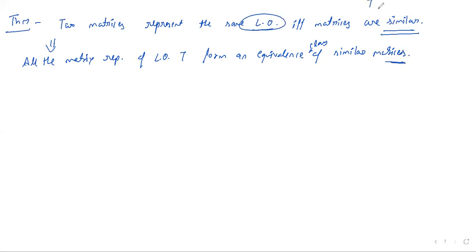We are talking about the linear operator where I have two matrices, and they represent the same linear operator if the matrices are similar.